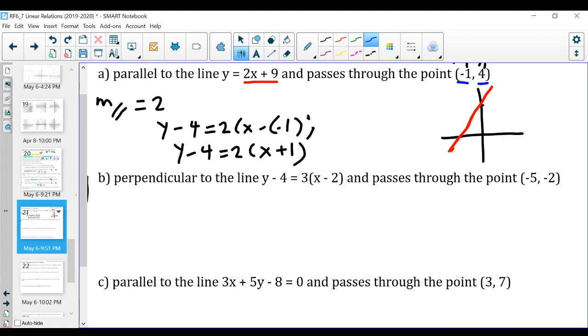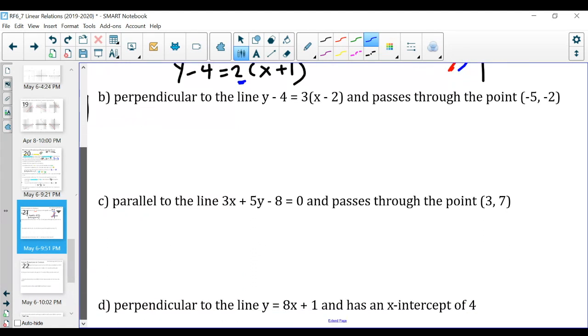It passes through the point negative 1, 4. And we know it's also going to have the same slope, a slope of 2. So the point negative 1, 4 is probably going to be somewhere around here. And we know that a slope of 2 should look something like that, giving us 2 parallel lines.